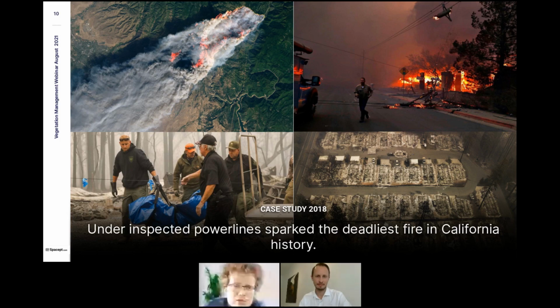And this fire was caused by vegetation that grew too close to power lines. And unfortunately, this is not a standalone example. PG&E's power lines have caused more than 15,000 California wildfires in the past 8 years. And every year we seem to learn there's a more and more massive fire.